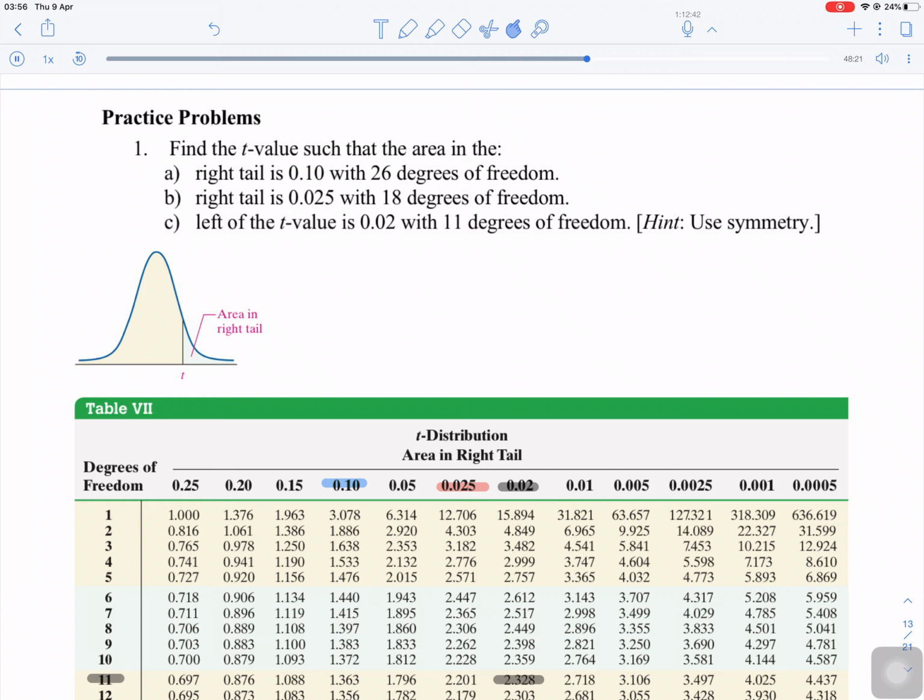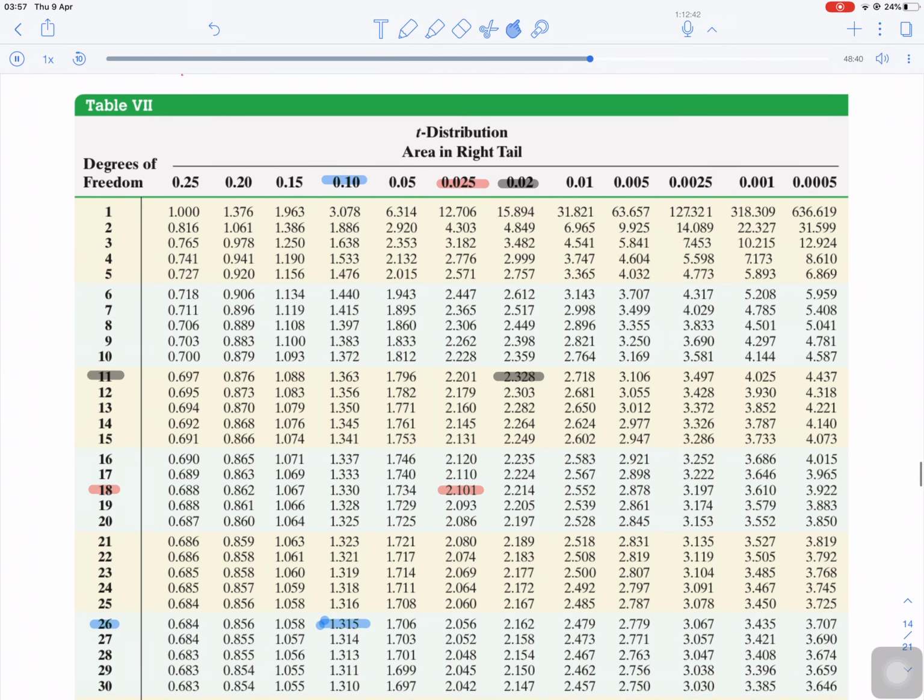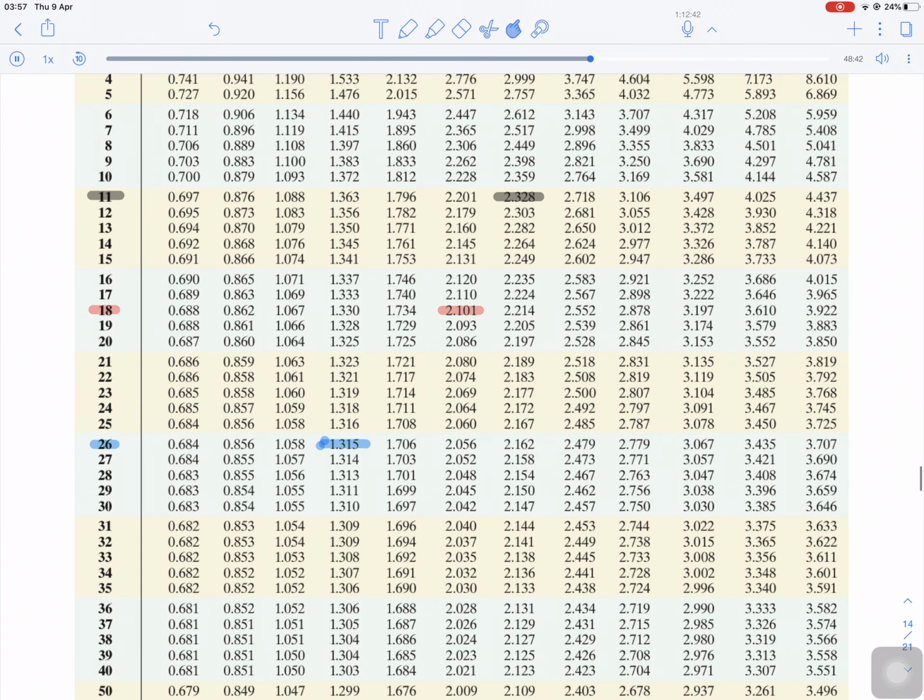So for the start, I'm going to use the t distribution table to show you how to get your t-value. When you look at the table, the first column has the degrees of freedom. So in this question, our degree of freedom is 26. So we see 26 that has been indicated in the color blue.